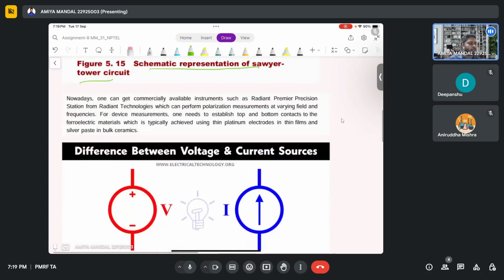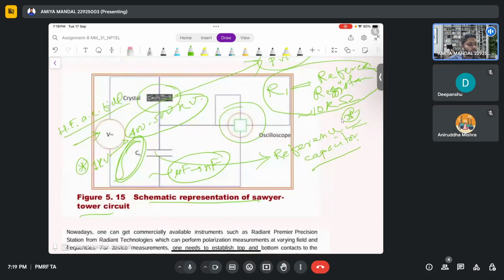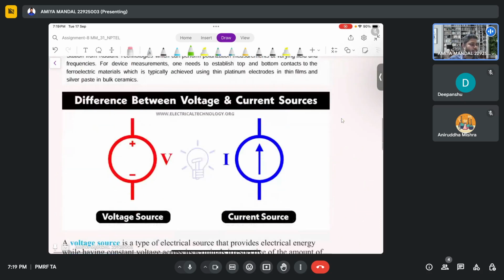Now there is a voltage source, not a current source. There is a difference between voltage and current source. This is the voltage source and this is the current source.